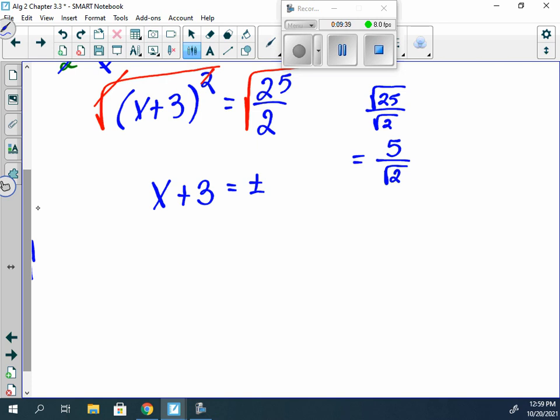Now, we can't leave a square root in the denominator, because really what this is saying is that we're dividing by a non-repeating, non-terminating decimal. We don't like that. In mathematics, it's just not proper to leave it like that. So we want to keep it so that the denominator is a whole number. So to do this, to simplify it, we're going to multiply the fraction by 1.